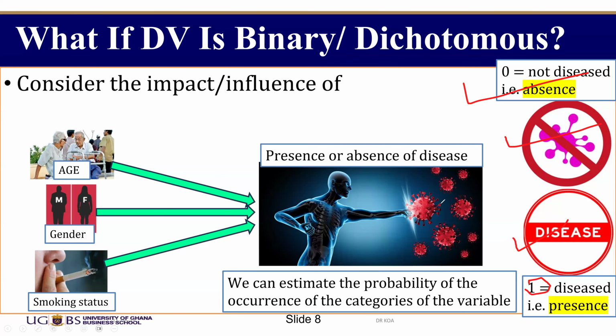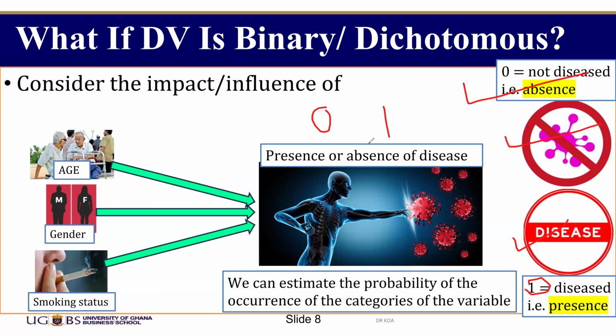The probability of the occurrence, the presence or the absence of the disease, is binary. And in this case, the dependent variable becomes 0 or 1.